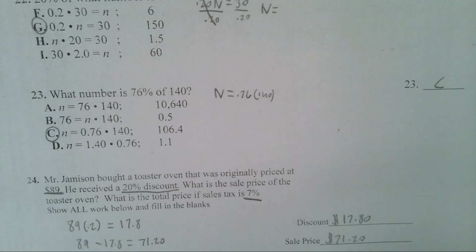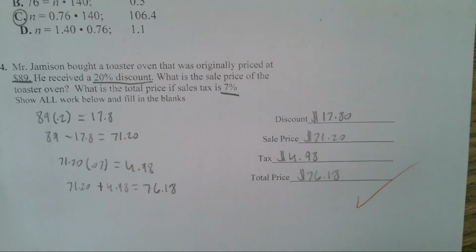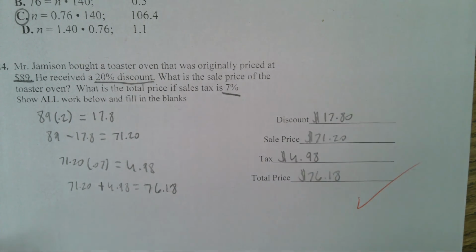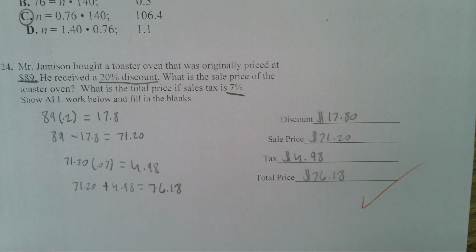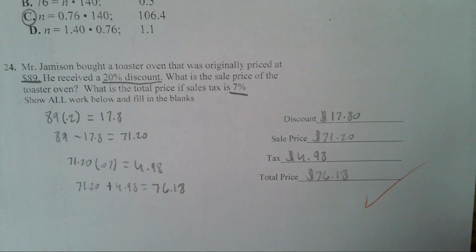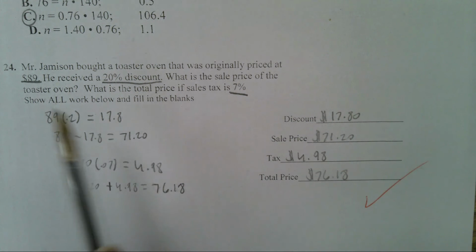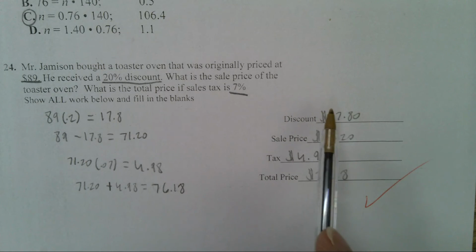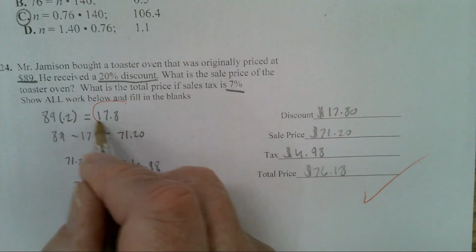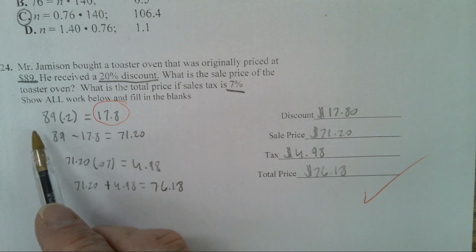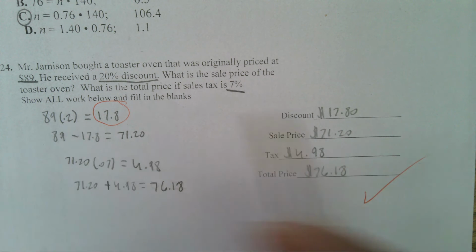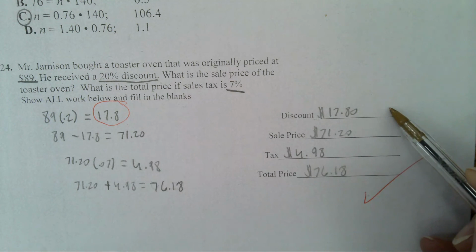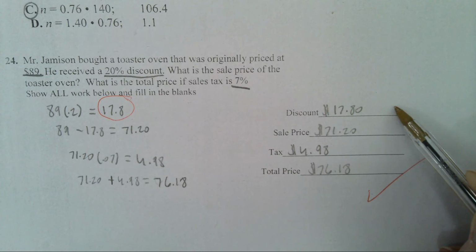All right. Number 24. We practiced this also, kids, so let's go over what the expectations are. The discount. All right, I didn't want 20%, but I looked to see if you had put 20%, and then I could find the 17.8. You take 89 times 0.2, so your discount amount is $17.80.